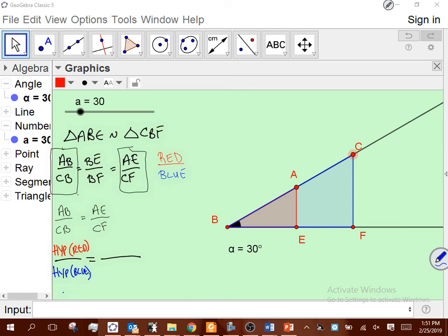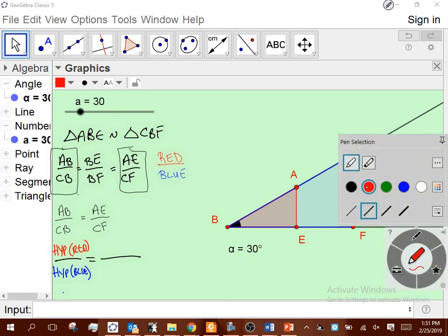Okay. Now AE being this distance here, the reason I'm doing this, I'm interested in that 30 degrees. Would you guys agree that AE is opposite the 30 degrees? Yep. Okay, so I'm going to call AE opposite for the red triangle, since it's opposite the 30 degree angle in the red triangle.